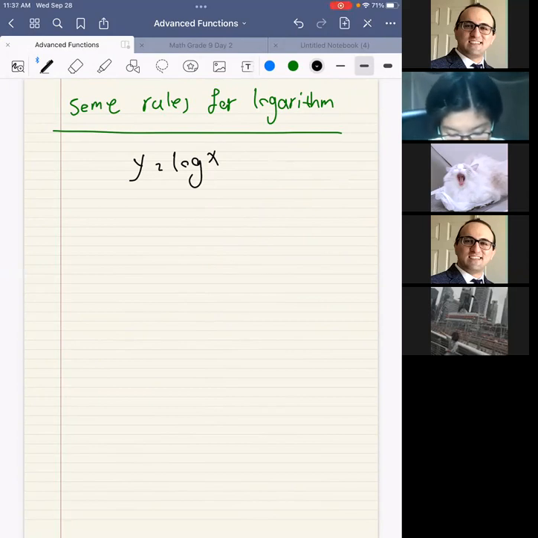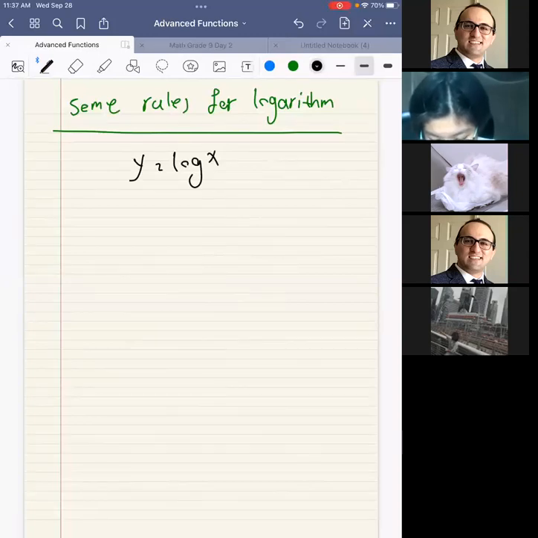It depends on what literature you look at or read. But anyway, in this course our convention is when nothing is written, it's 10. That means log with base 10.